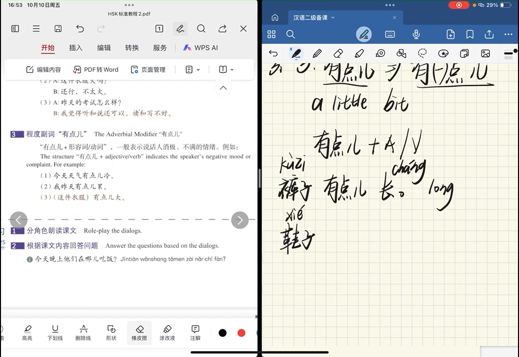鞋子, shoes. 大, big. So 鞋子有点大, the shoes are a bit too big.